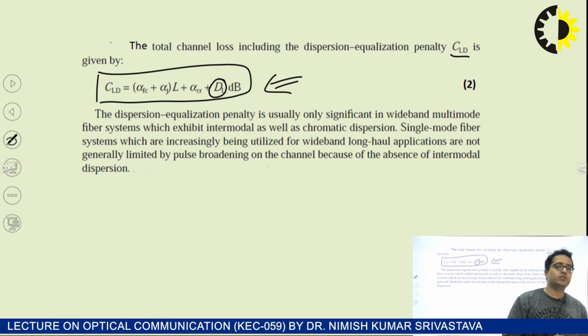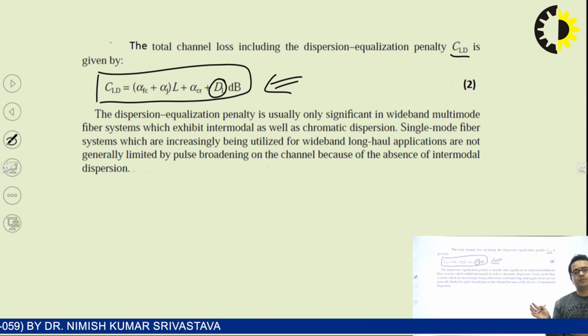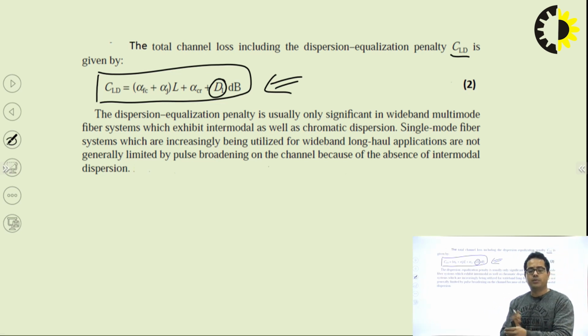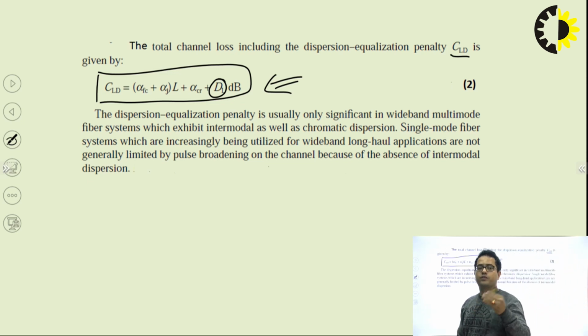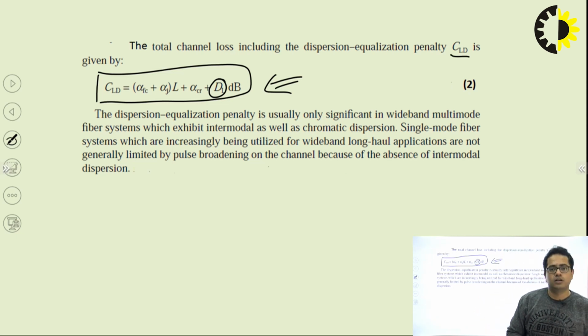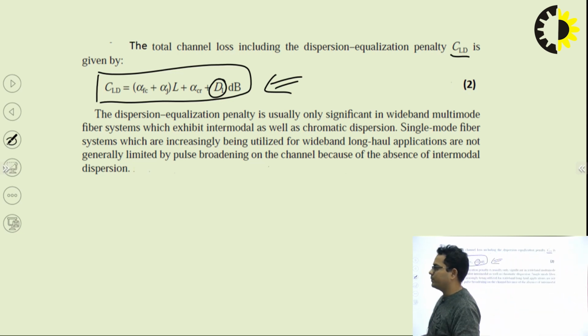Suppose the examiner wants to see a fiber length of 64 kilometers, but you have already included the dispersion equalization penalty and degraded the overall length of the system. That means there will be a variation in the length of the system of 3 to 4 kilometers. That's not required, and not what any examiner is expecting.